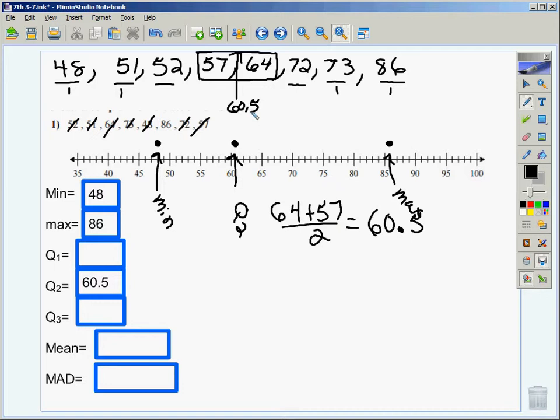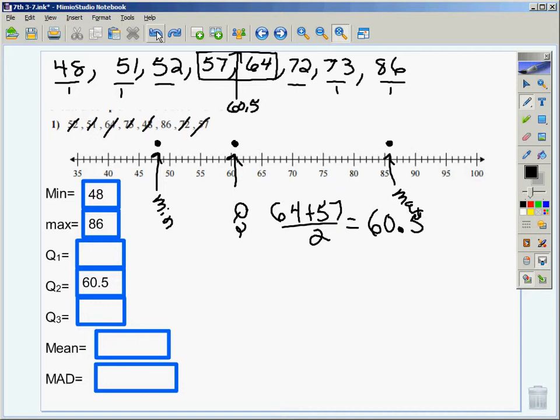I still have to find the middle of the bottom half, which is Q1, and the middle of the top half, which is Q3. We found the center, which is 60.5, the median, which is Q2. Now I'm finding the median of the bottom half and the median of the top half.